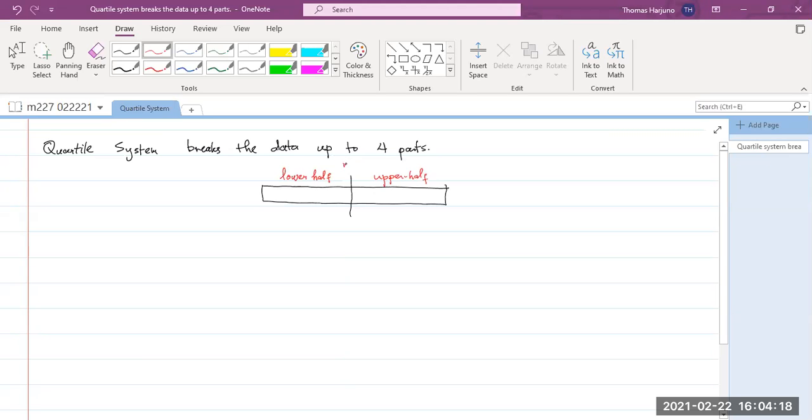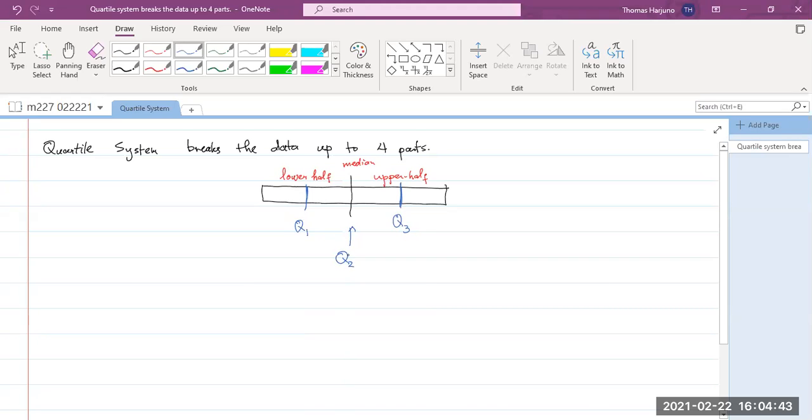This is the median. Then the first quartile is the median of the lower half. That's the first quartile, and the median of the upper half will be our third quartile. Okay, the median is also known as the second quartile.